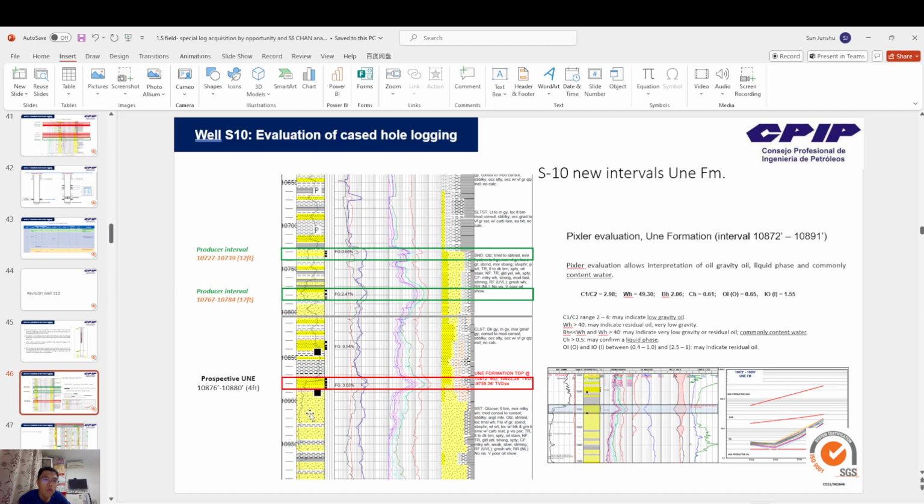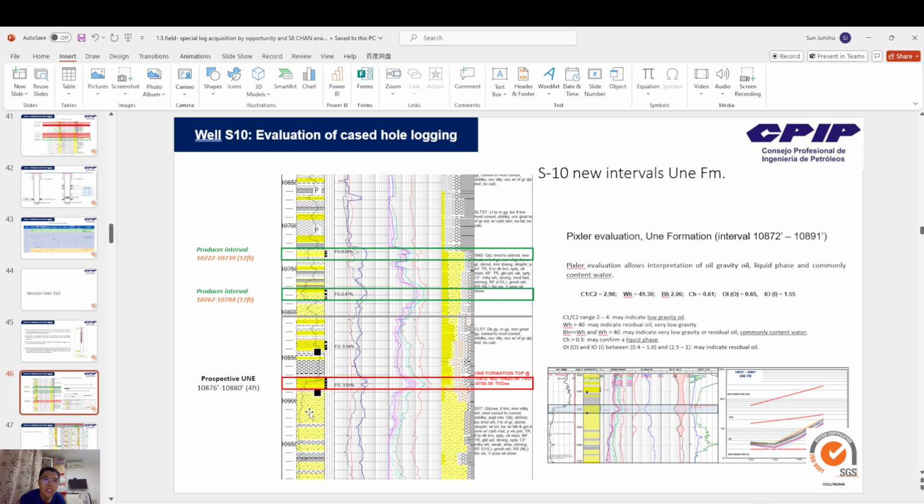allows interpretation of oil gravity, liquid phase, and commonly content water. Carbon 1 divided by carbon 2 ranging between 2 and 4 may indicate low gravity oil. WH exceeding 40 may indicate residual oil, very low gravity.